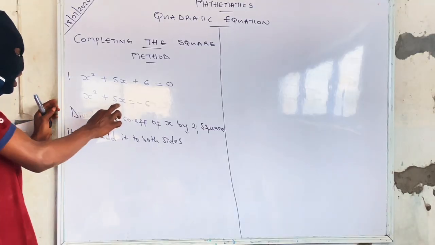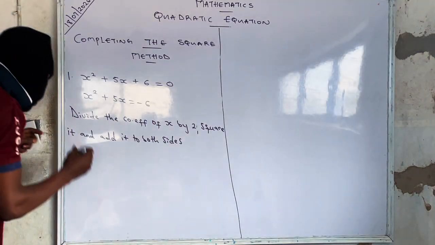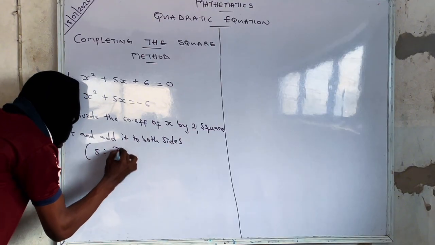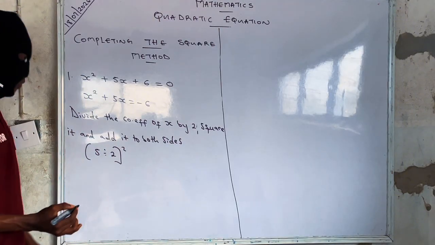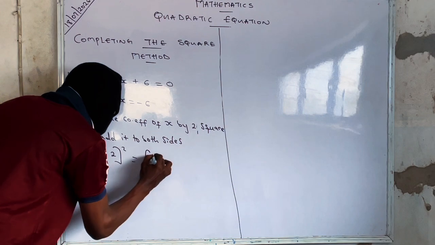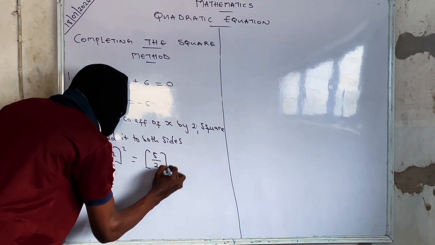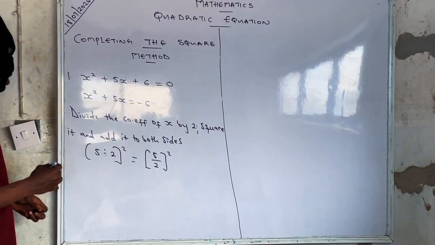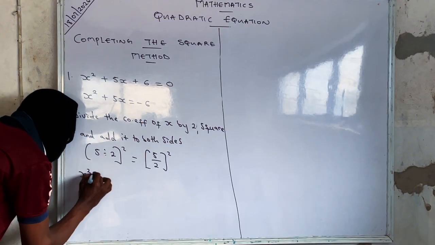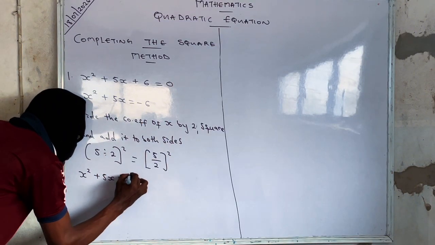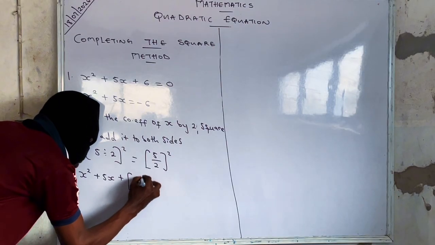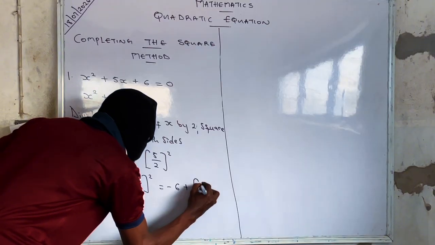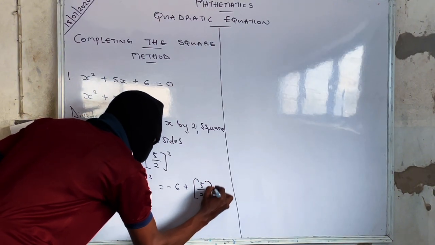Sorry, it's not by 5, it's by 2. The coefficient of x here is 5. So we have 5 divided by 2, then we have the square. The same thing as saying 5 over 2 squared. Now if you have something like this, you add it to both sides. So it will now be x squared plus 5x plus (5 over 2) squared equals minus 6 plus (5 over 2) squared.